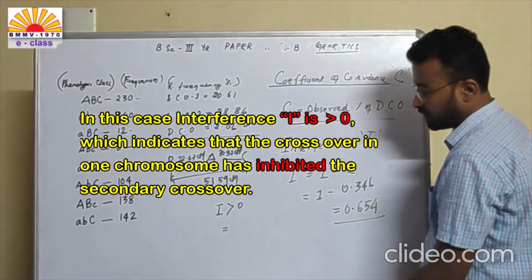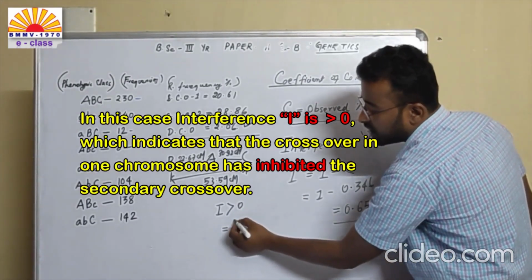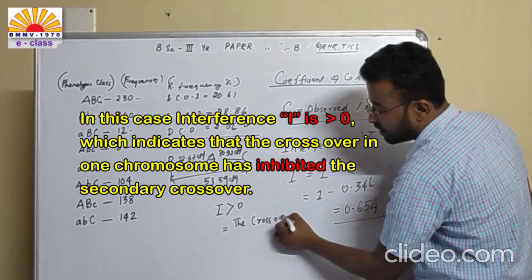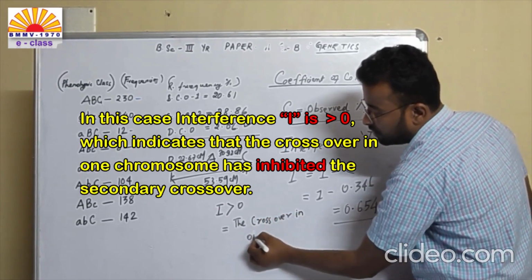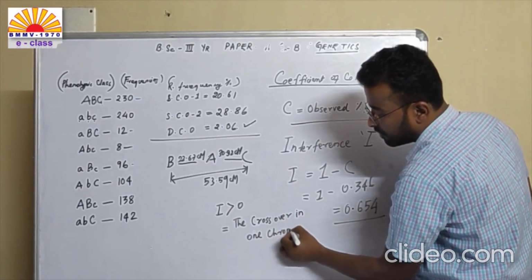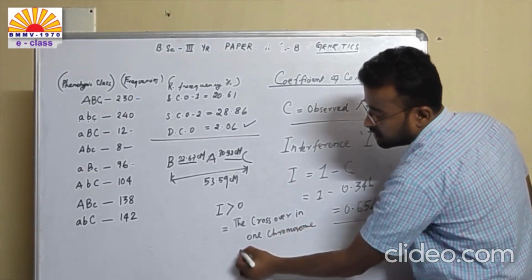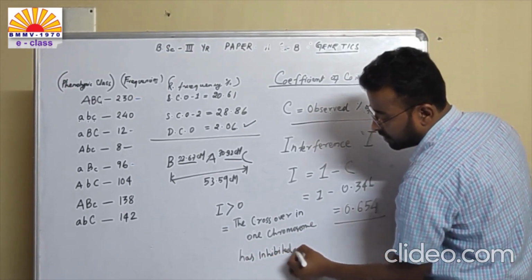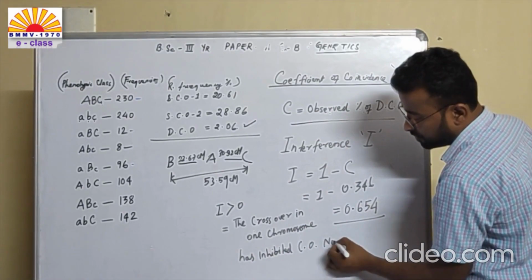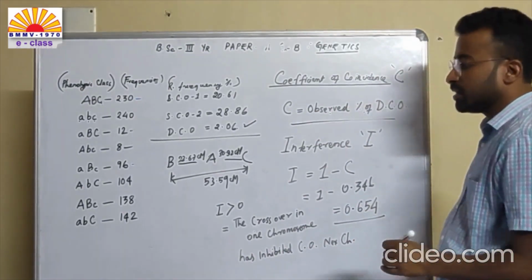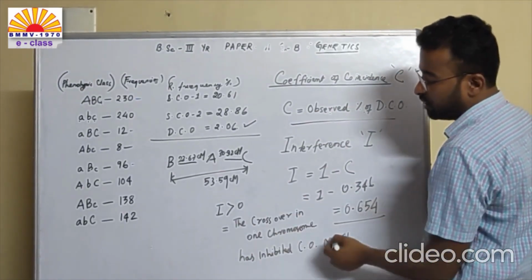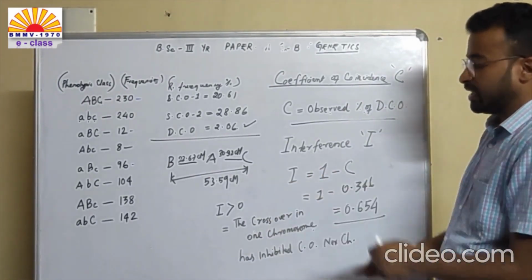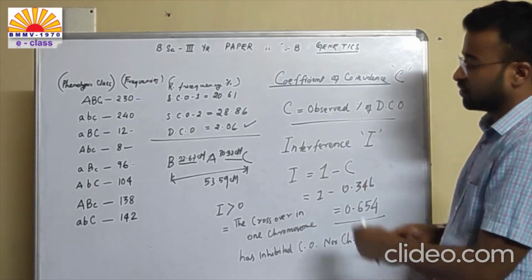Interference greater than 0 means crossover in one chromosome has inhibited crossover in the next chromosome. So whenever the interference is more than 0, it means after one particular crossing over, it has further inhibited the crossing over in another chromosome.